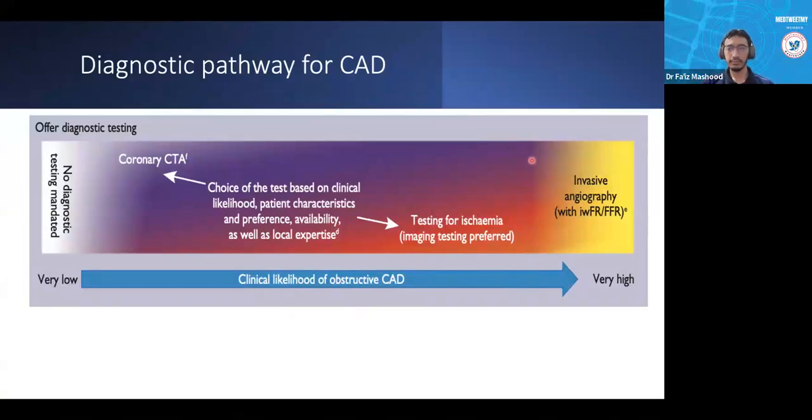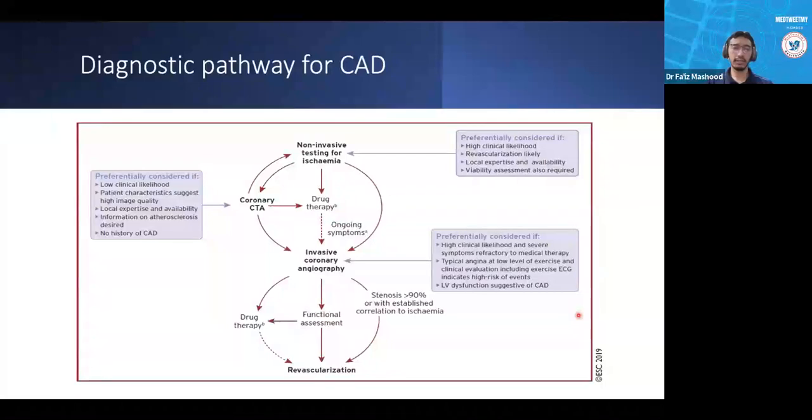And let's say the patient falls under the high risk group at the most right here, we can jump straight away to invasive coronary angiogram. Another diagnostic pathway from ESC, as we mentioned just now: low risk group and no history of CAD, we go for CTCA first, whereas for the high risk group, provided we have the local expertise and resources available, we can do non-invasive testing for ischemia.